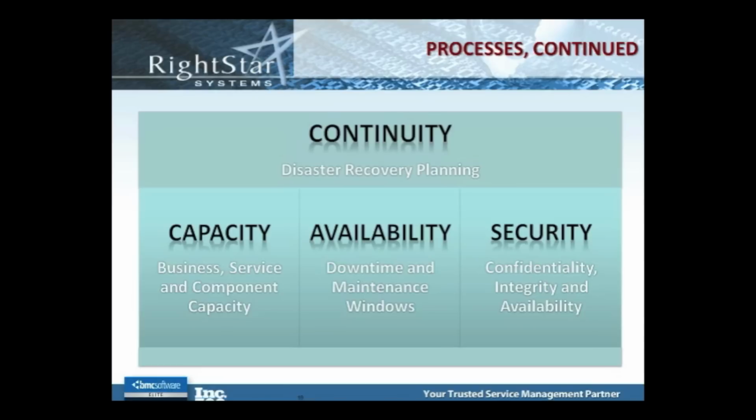So if we're talking about disaster recovery, we're talking about those types of failures or interruptions that are more widespread or have a higher level impact. In continuity management, it's important that we design a system or process for restoring services after an unexpected outage.